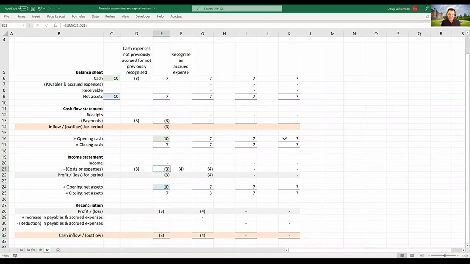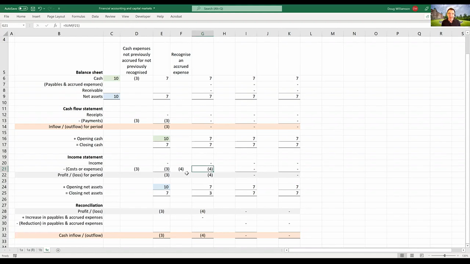Just put these underlines in. Let's correct this formula. So we're doing single periods here, weeks, months, quarters.